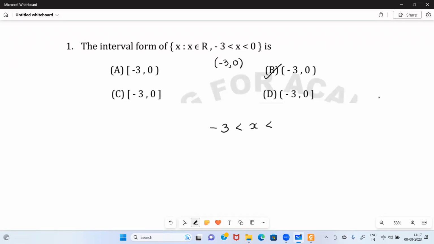Suppose if I say -3 less than x less than 0, then we will write it as open interval -3, 0. Suppose it had been -3 less than or equal to x less than 0, then -3 is included. So I'll put a closed interval here, but 0 is not included.